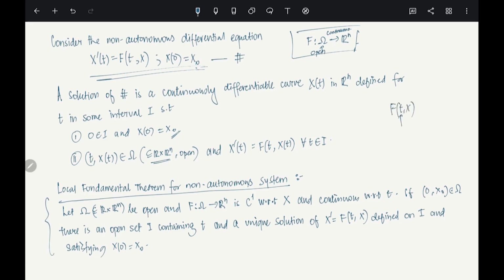With respect to t it has to be continuous, with respect to x it has to be at least C1. If that happens, then you will have a unique solution in a neighborhood of 0. I'm not being very precise about it, but this is what it is saying, so you have to remember this particular thing. Clear? Okay.